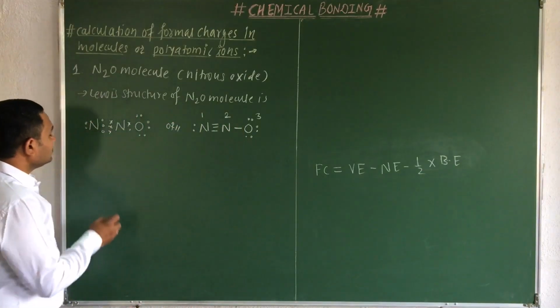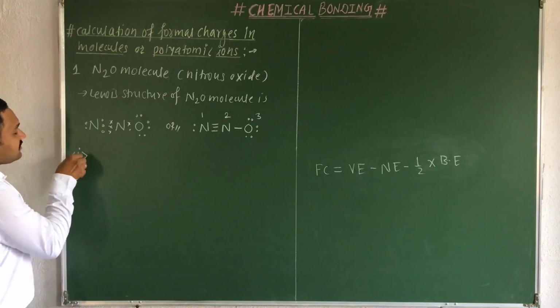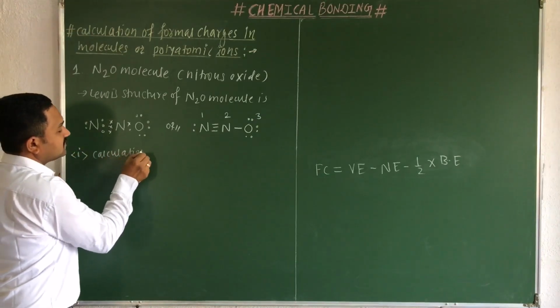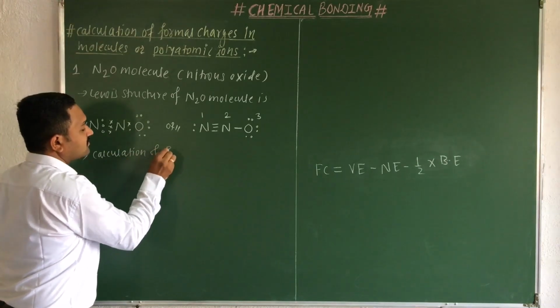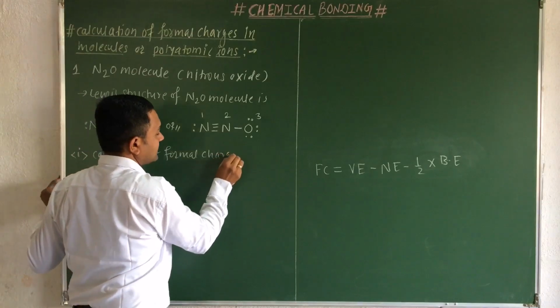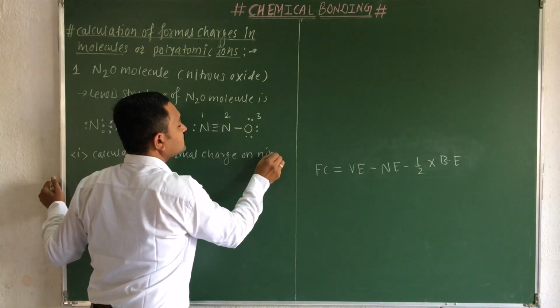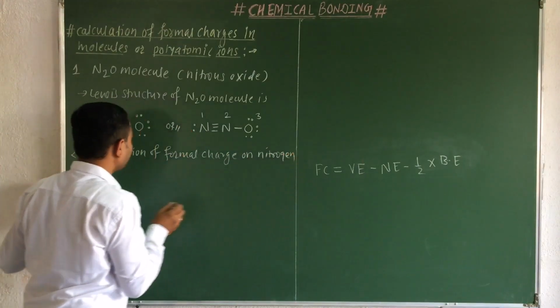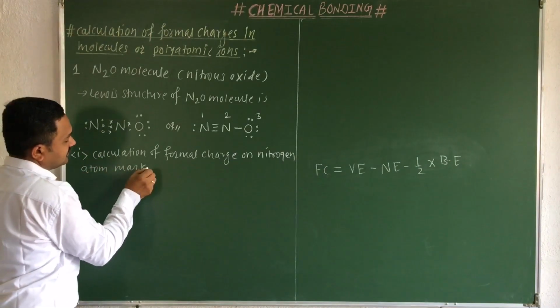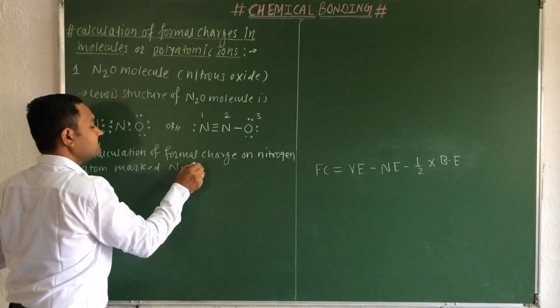So we will start with the first thing, the calculation of formal charge on the nitrogen atom marked as number 2.